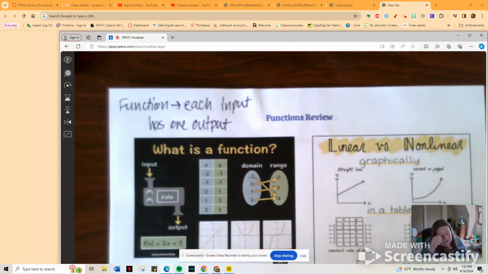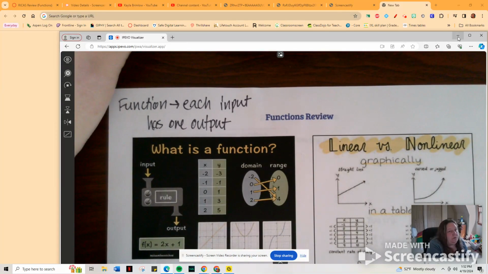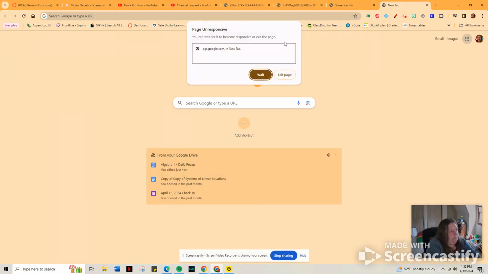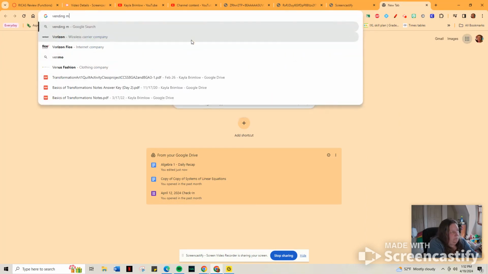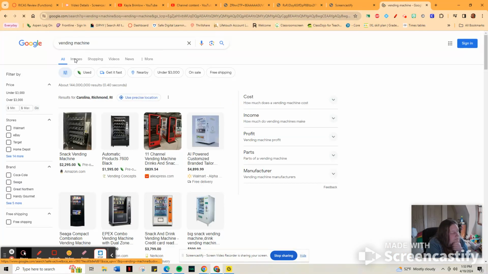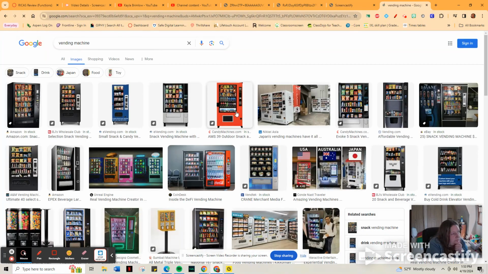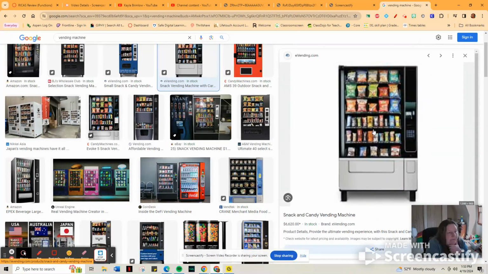And whenever I talk about functions, I like to think of a vending machine, which I'm actually going to click on my computer. Here we go.